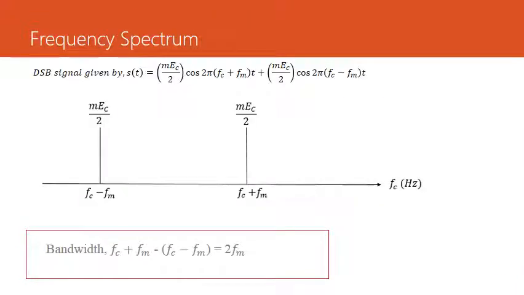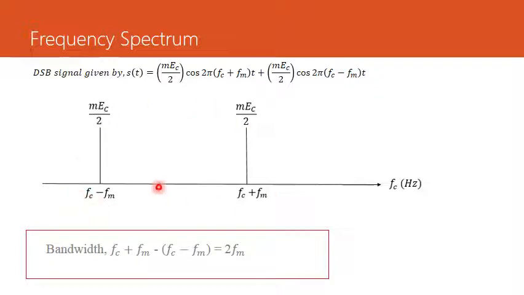If you know the expression for the double sideband signal, then we can draw the frequency spectrum. In this double sideband we have two sidebands, the upper sideband and the lower sideband.